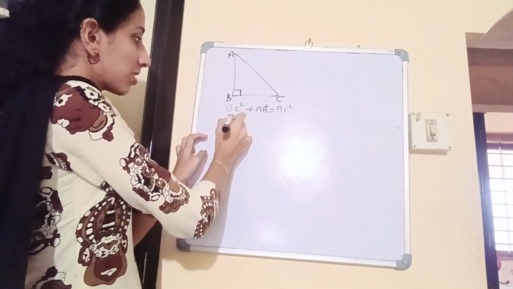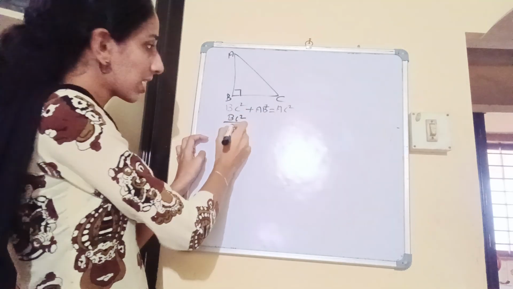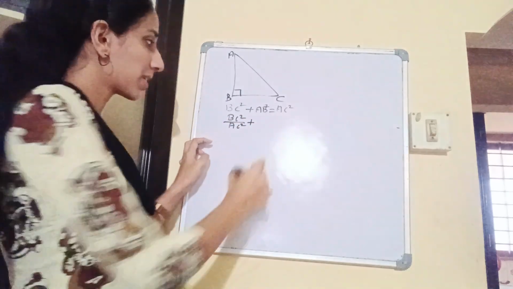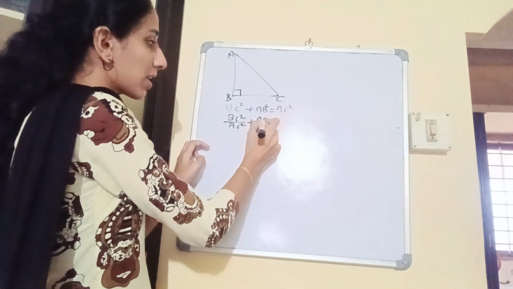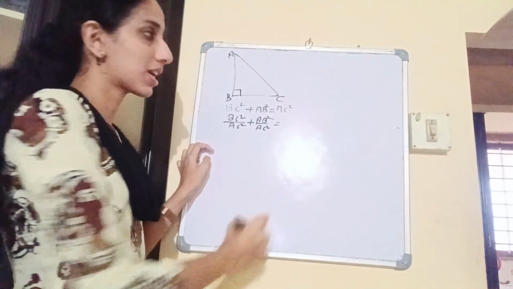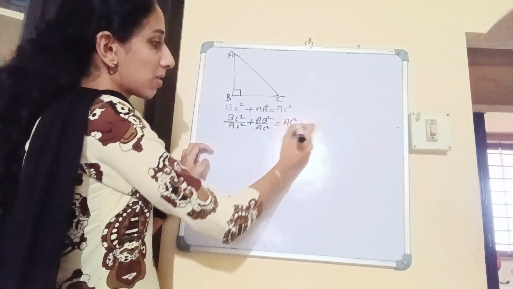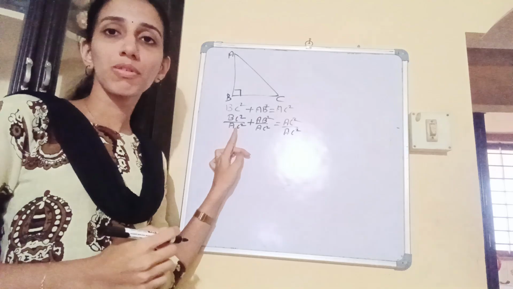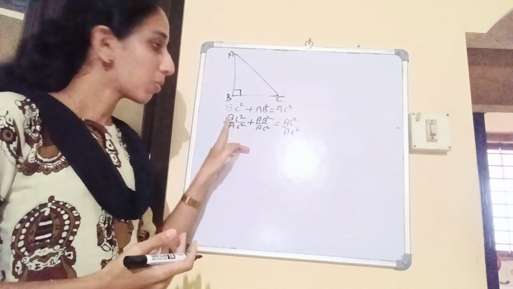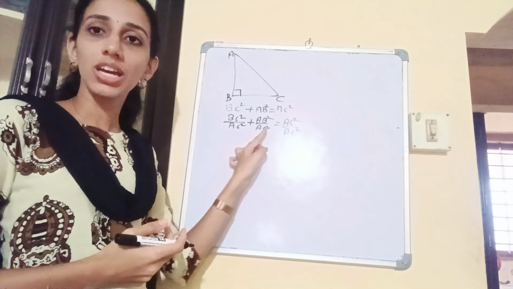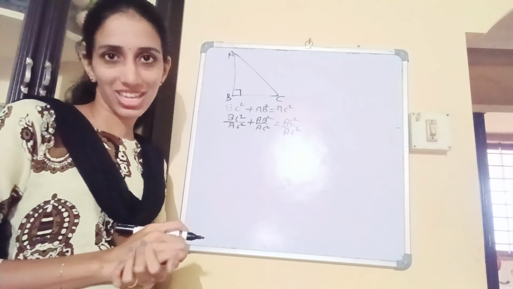BC square becomes BC square by AC square, plus AB square becomes AB square by AC square, and AC square becomes AC square by AC square. So here we have an equation: BC square by AC square plus AB square by AC square equal to AC square by AC square.